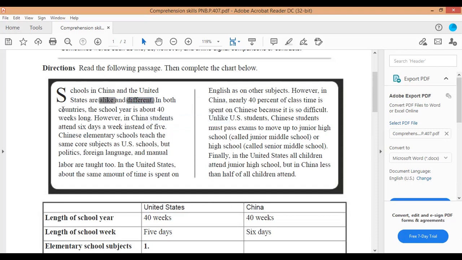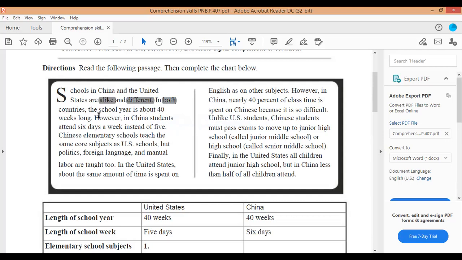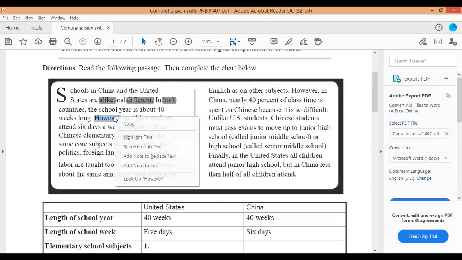In both countries, the school year is about 40 weeks long. The word both indicates what? Yes, similarity. We can complete here. However, what does this indicate? Contrast.